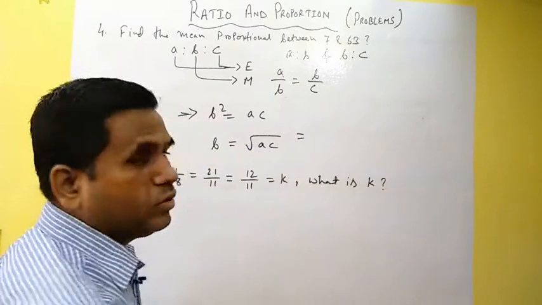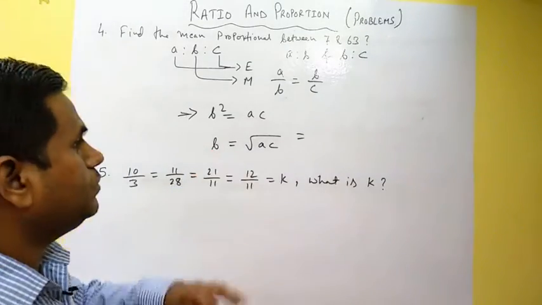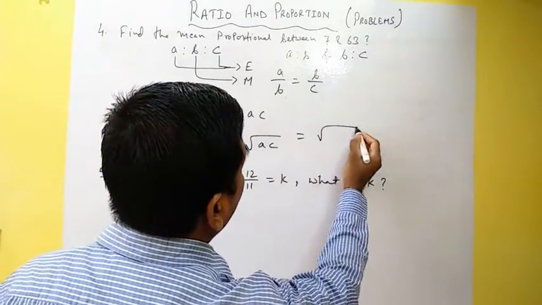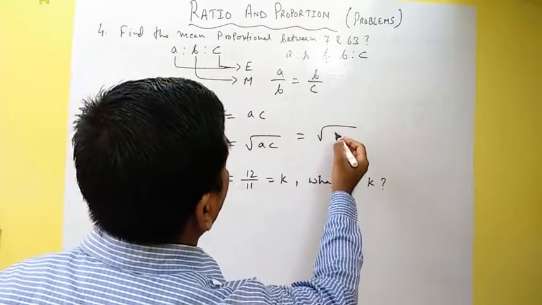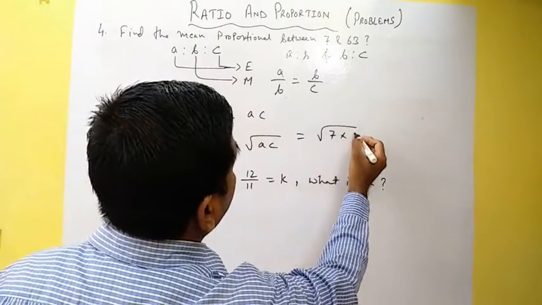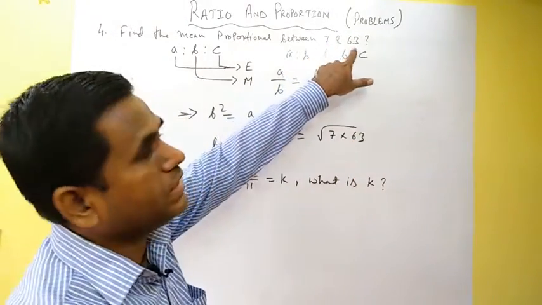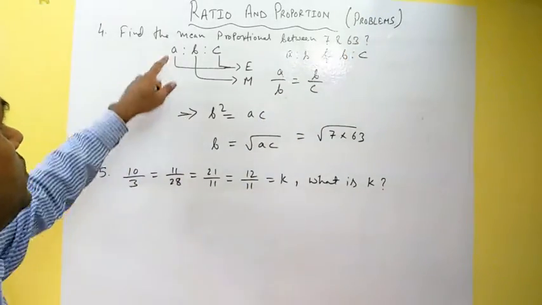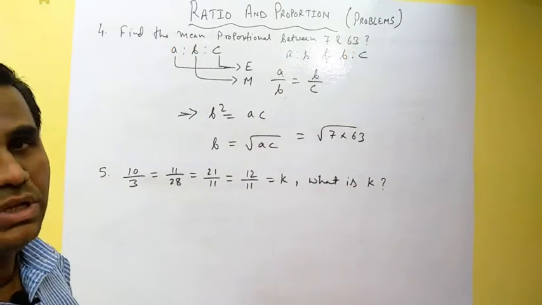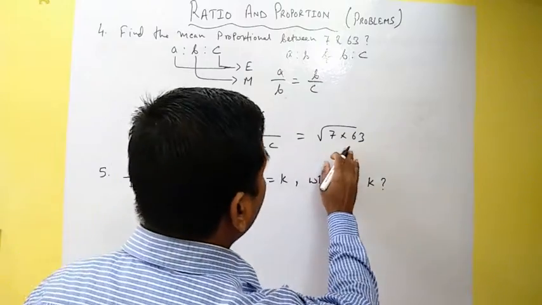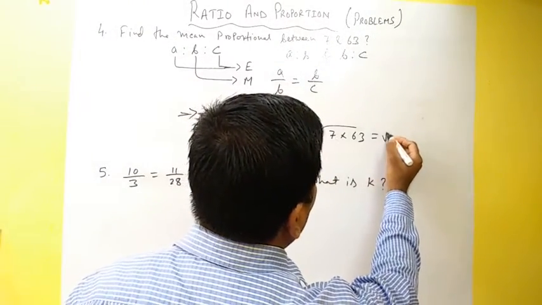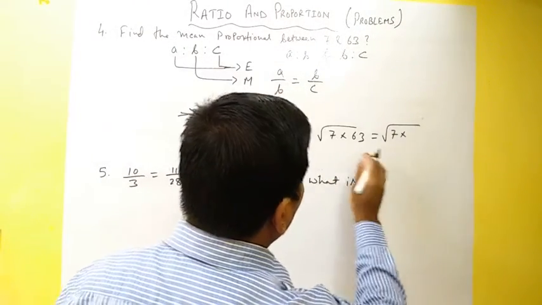So we will substitute the value here. B is equal to root A is, you can see here 7 and C is 63. Here 7 and 63, because these are the extremes and it is asking us to calculate the mean. Now if we break this root, it will become 7 into 63.